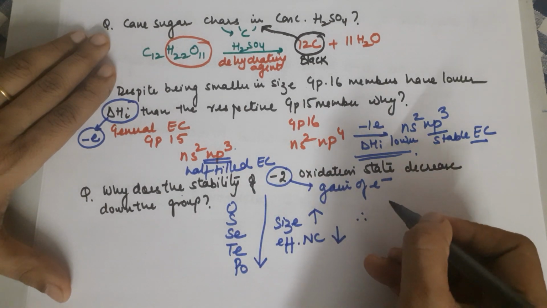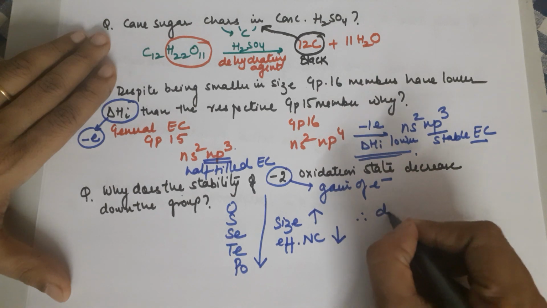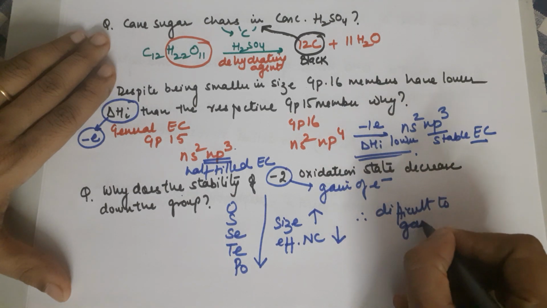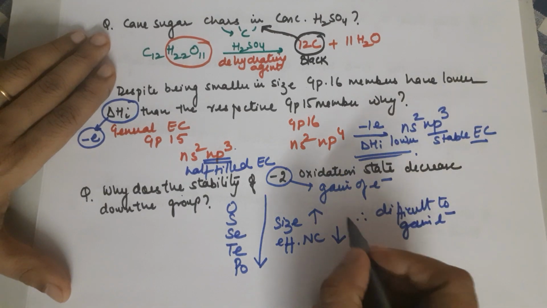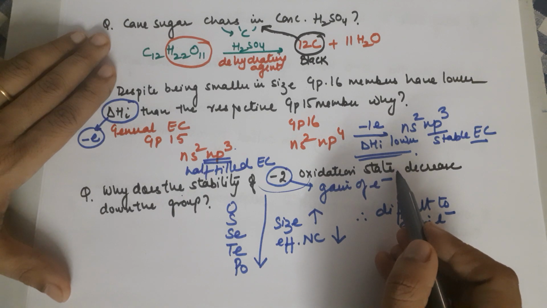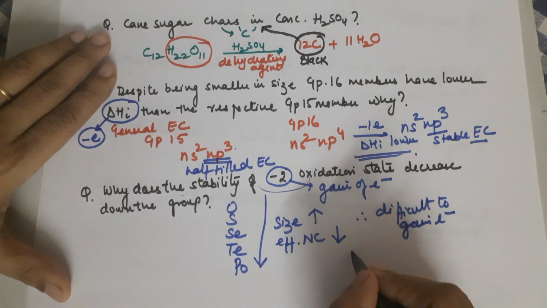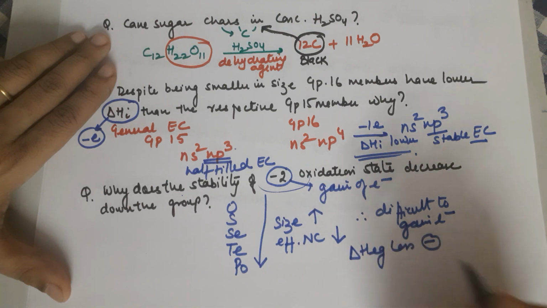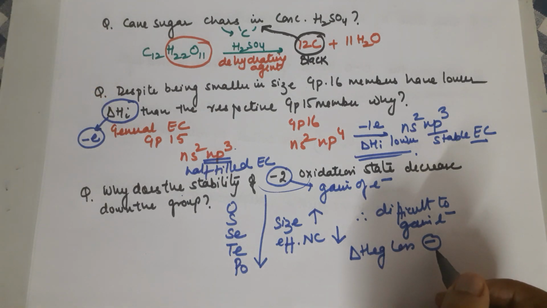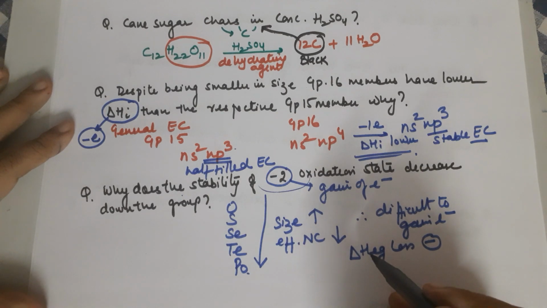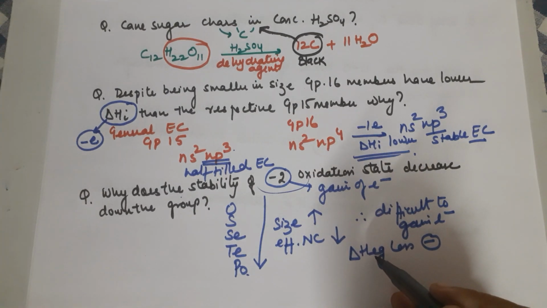Therefore, it is difficult to gain electrons. Hence, the chances of the -2 oxidation state go on decreasing. Or else you can also say that electron gain enthalpy is less negative on moving down, which means electron gain is difficult on moving down because of the increase in the size, and so the effective nuclear charge goes on decreasing.